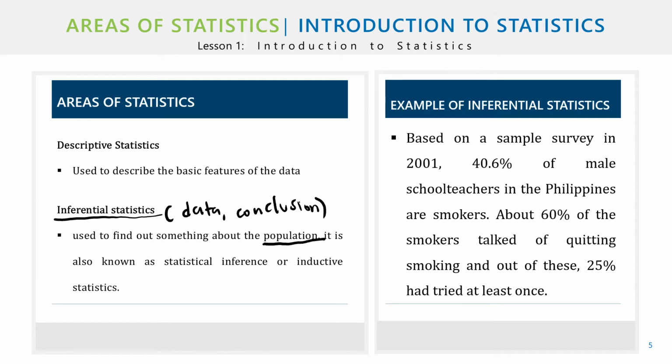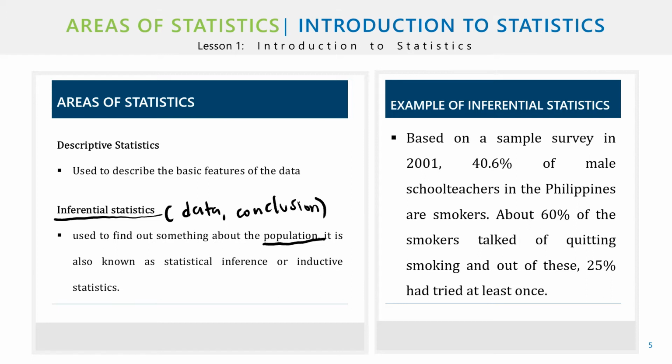So that is an example of the general linear model. Using that kind of statistical treatment, anong ginagamit na nating statistics doon? We can get a conclusion out of it. Ang ginagamit na natin doon is inferential statistics. So kapag describing lang the data, that is what we call descriptive statistics. And kapag nakakagawa tayo ng conclusions out of the data, that is what we call inferential statistics.